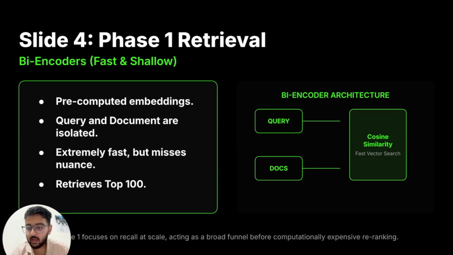We will understand Bi-Encoder with the help of an example. Suppose you are in a room and I hand you a piece of paper on which a question is written, and there is another person in another room and I hand him a document in which the answers to that question are. What a Bi-Encoder does is it doesn't process both the question and the answer at the same time.